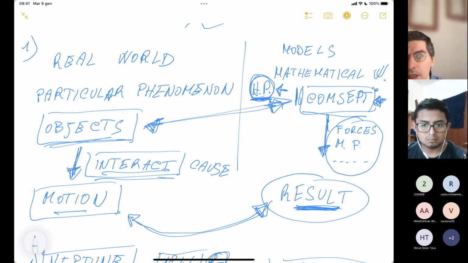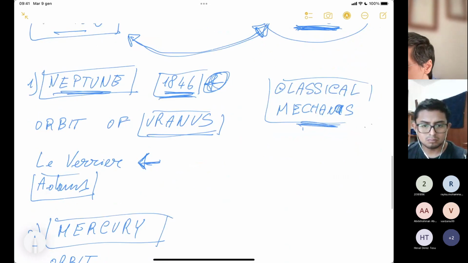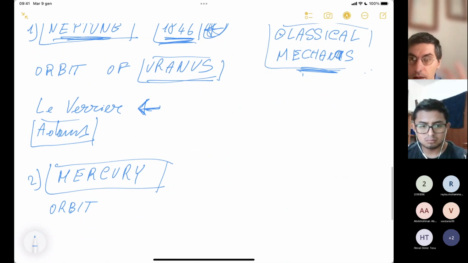I mean, here, as before, you can have two possibilities. The classical mechanics is wrong, or there is some other thing that we do not consider. And it was the same Leverrier who said, okay, maybe the same happened. So between Mercury and the Sun there could be another planet. They named this planet Vulcan.